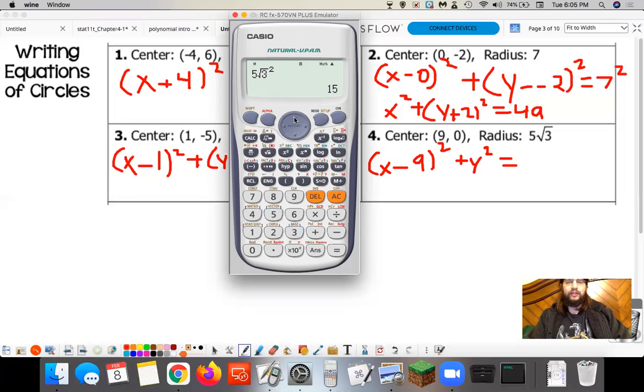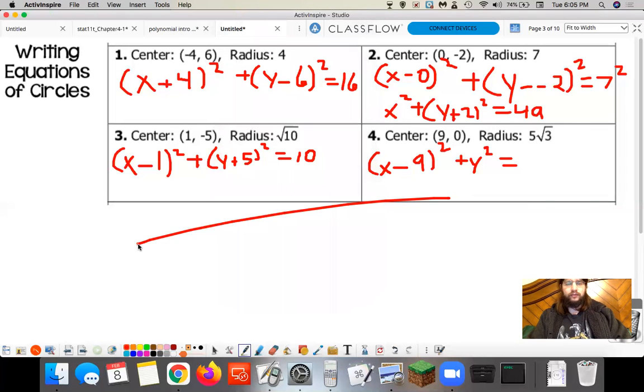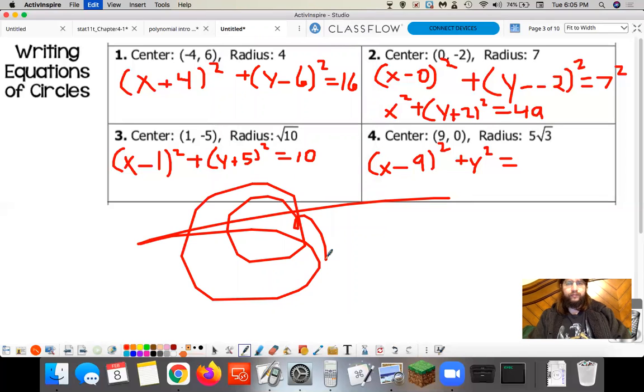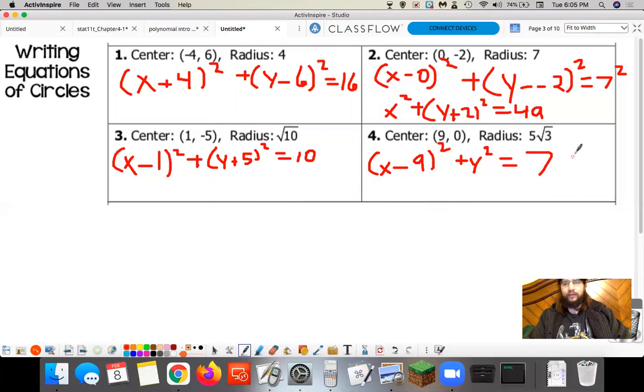So make absolute certain you have those parentheses on there if you have more than one thing being squared, even if it's negative. So that's equal to 75. Not too bad, right? That's pretty easy stuff.